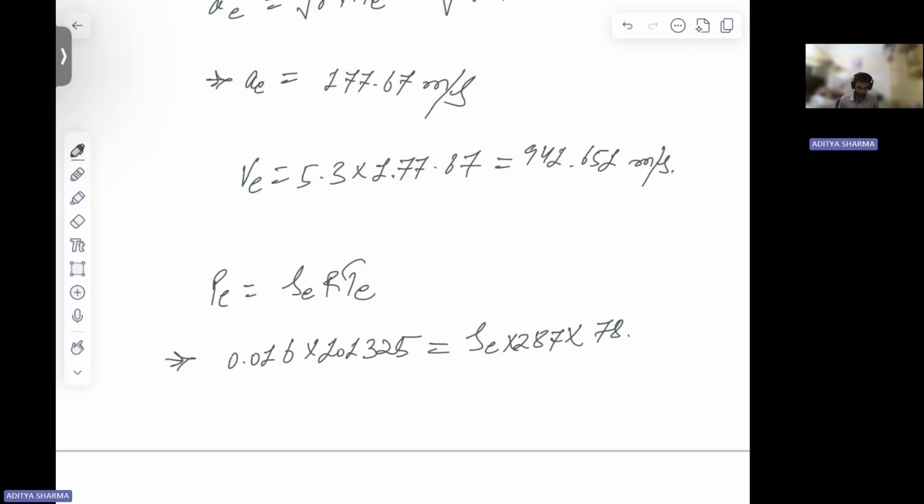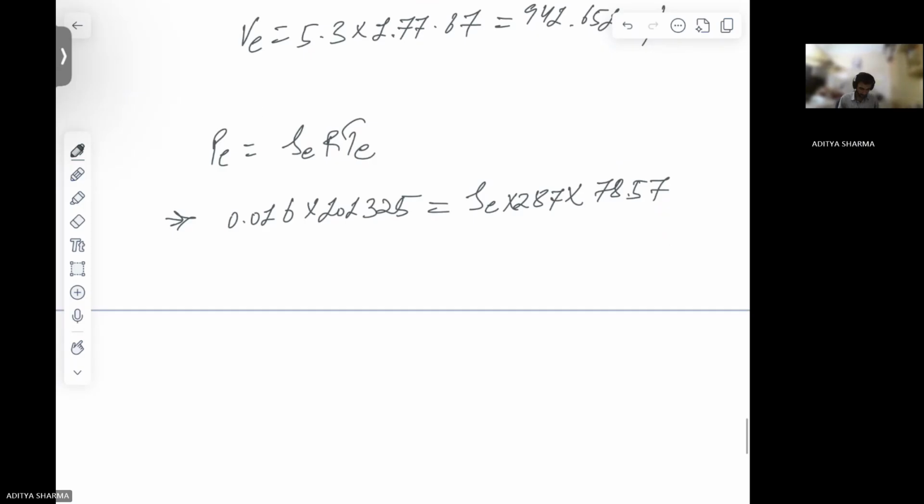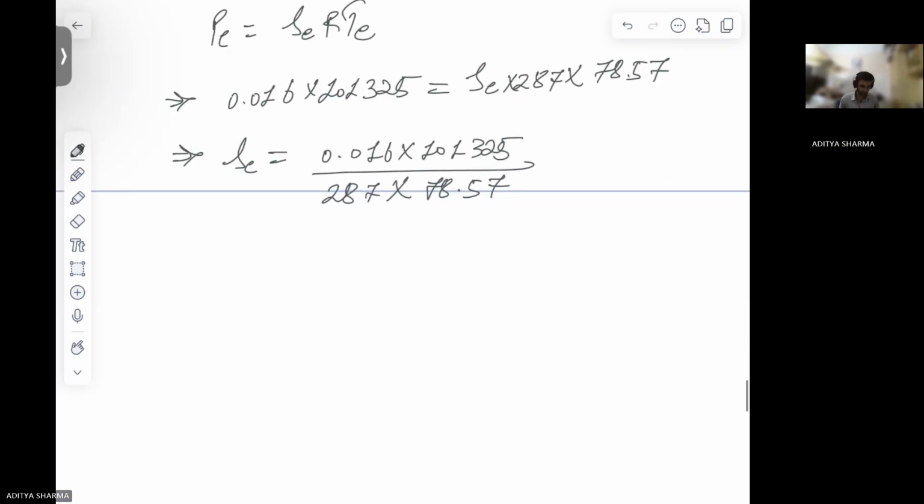Then 287 into 78.57. Implies your rho E becomes this.